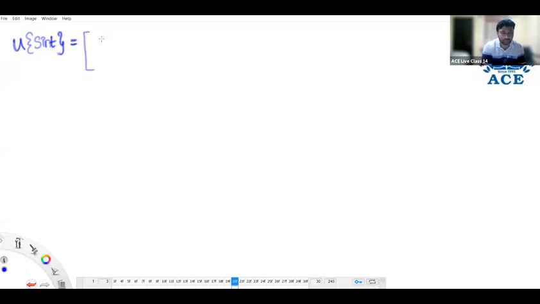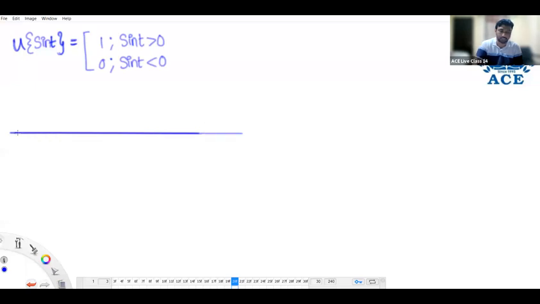So it is 1 for sin t greater than 0, 0 for sin t less than 0. U of sin t is given. By taking the sine wave as reference, we are going to sketch the signal.